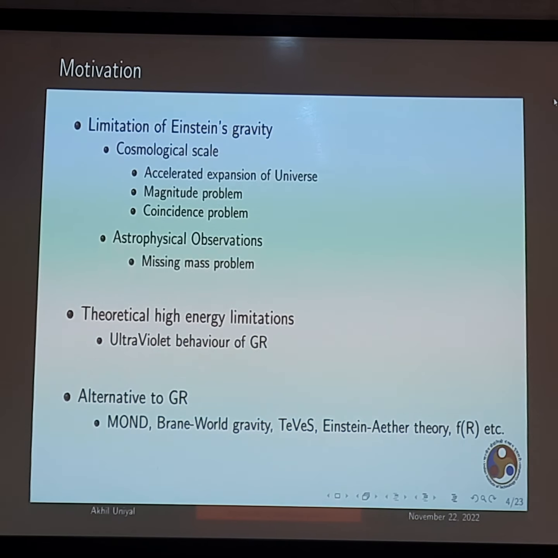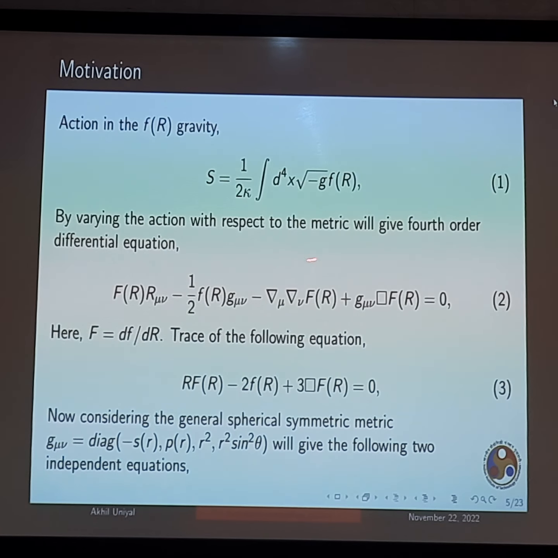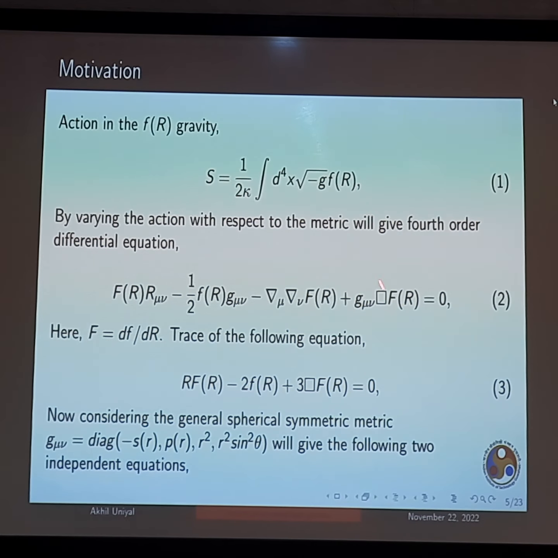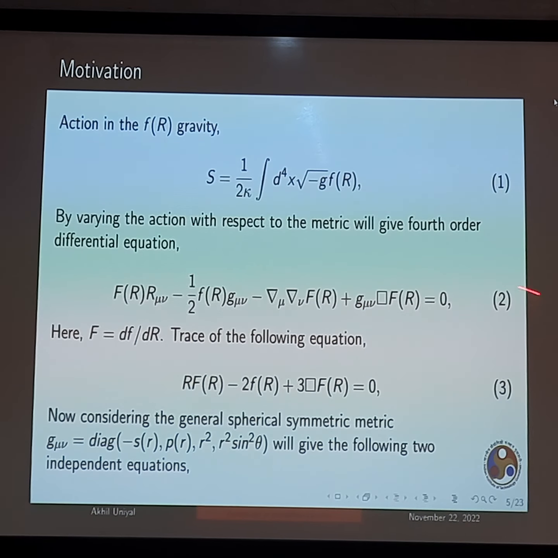Now the question is which f(R) model you want, or what f(R) is first of all. Let's look at the action. Instead of R in the Einstein action, you have f(R). Now you vary this action and you get the equation of motion, which is a higher order derivative equation, and the challenge is to solve it. There are different ways people are using.